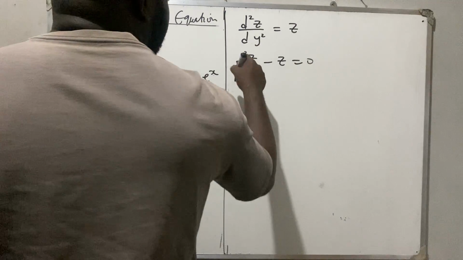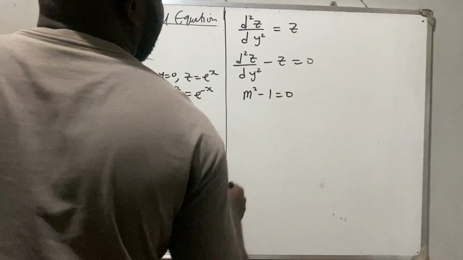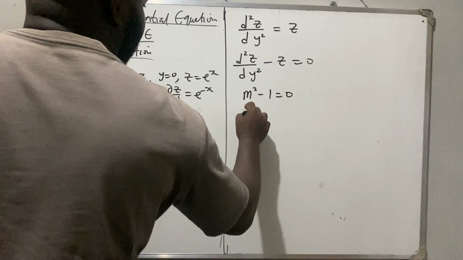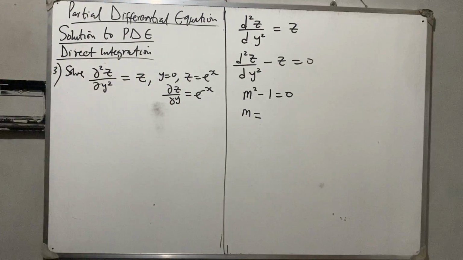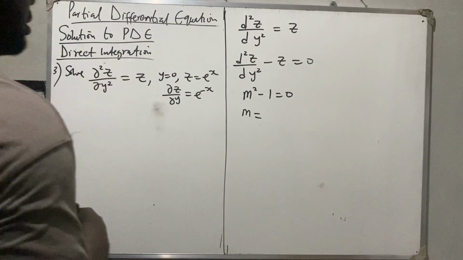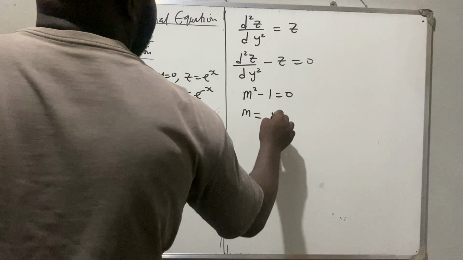The auxiliary equation here is going to give me m squared minus 1 is equal to 0, right?